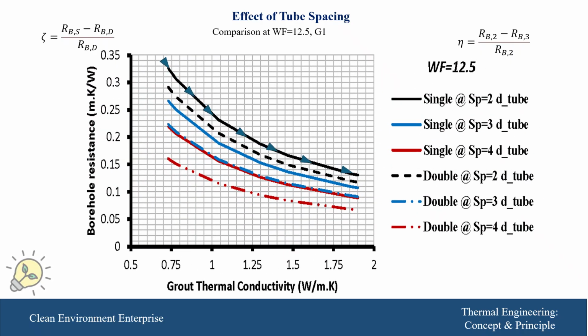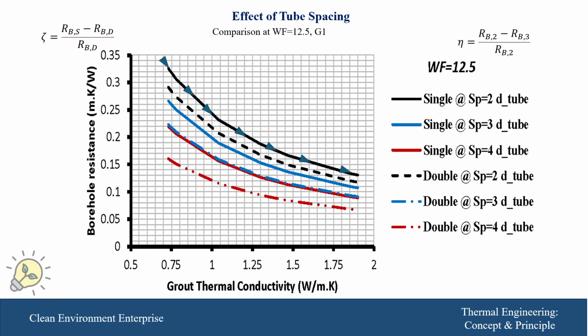And if we talk about WF equals 12.5, we have the same variation, that is, usually SP equal to D naught is higher than that of 3D naught for both geometries, the single and double U-tube. And at the same time zeta has the same values. I mean, the single U-tube is higher than the double U-tube for the borehole thermal resistance.